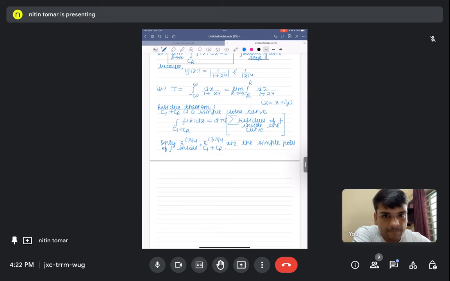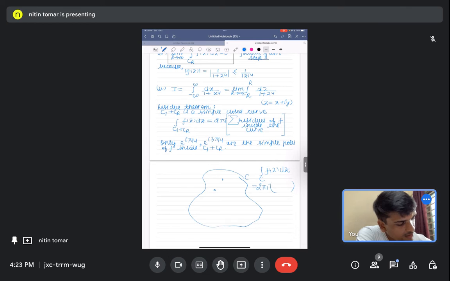So the residue theorem says if you have a simple closed curve, then the integration of f over C will be 2 pi iota times the sum of all the residues.